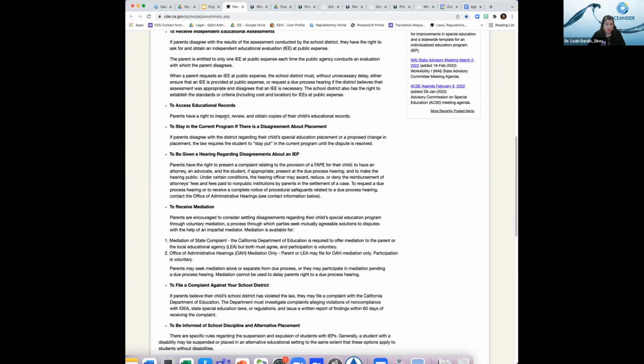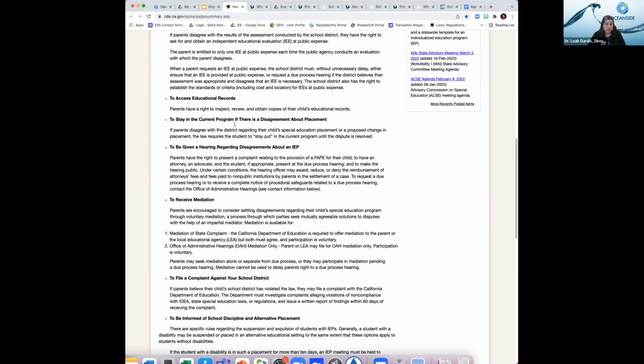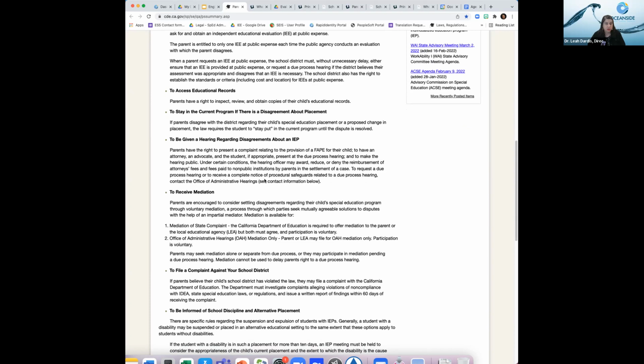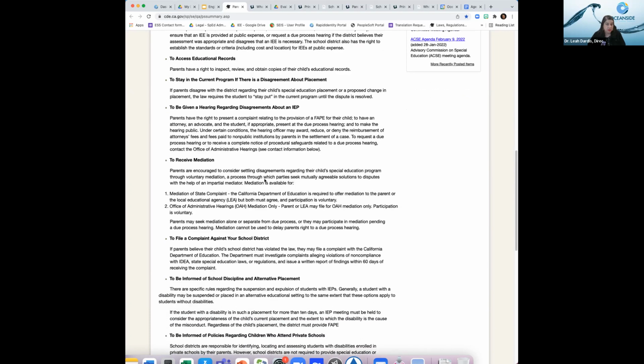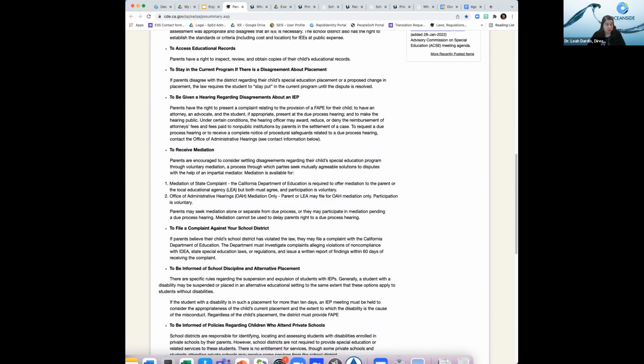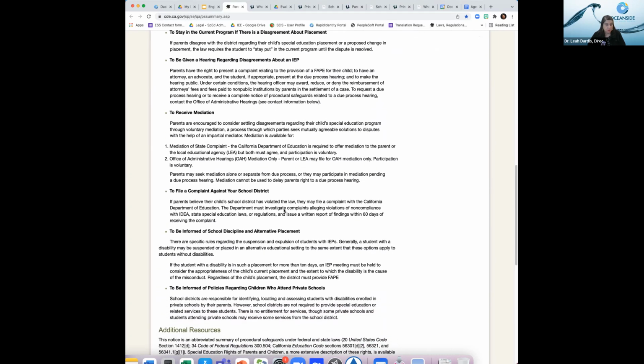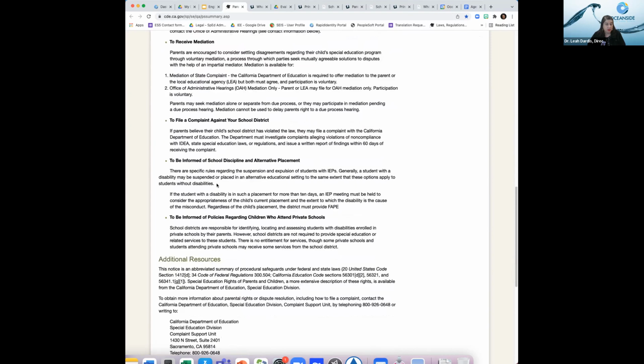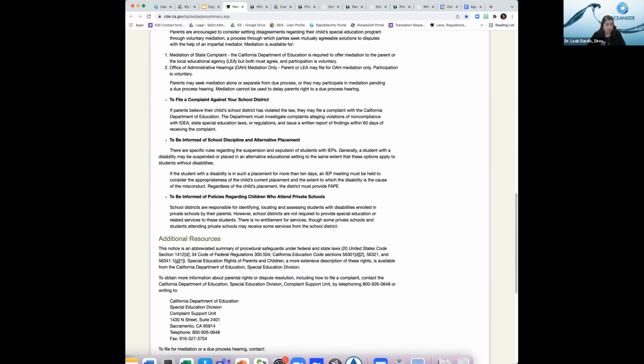You have access to your child's records, and you have access to stay in the current program if there's a disagreement about placement. And we do these kinds of prior written notices about that. So it's important that you know that you have the right to have that disagreement, to be given a hearing when you have disagreements, to receive mediation, to file a complaint against your school, to be informed of school discipline and alternative placements, and to be informed of policies regarding children who attend private schools.